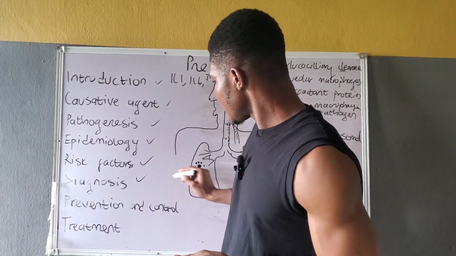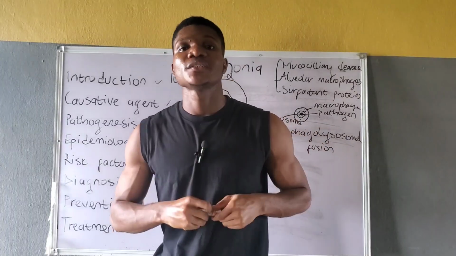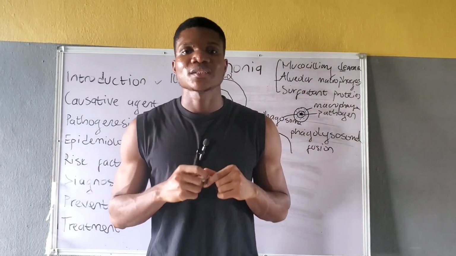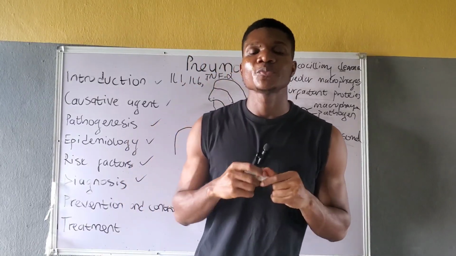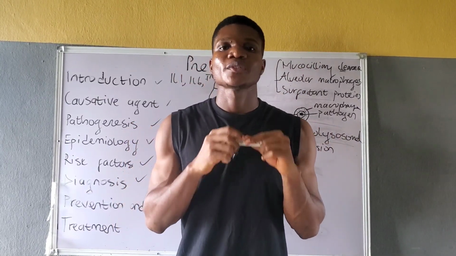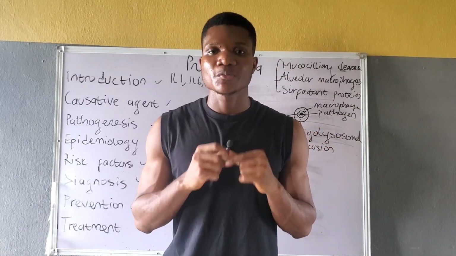So let's talk about prevention and control. The most effective preventive strategy against pneumonia is vaccination. Important vaccines include the pneumococcal vaccine. Pneumococcal vaccine prevents Streptococcus pneumoniae infection, which is one of the leading causes of pneumonia.